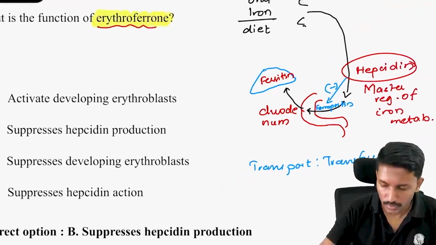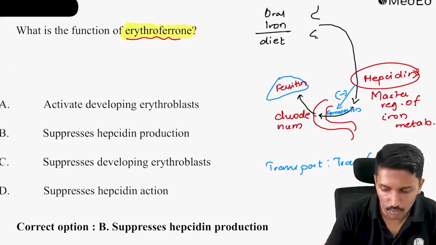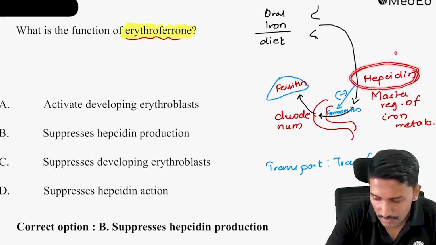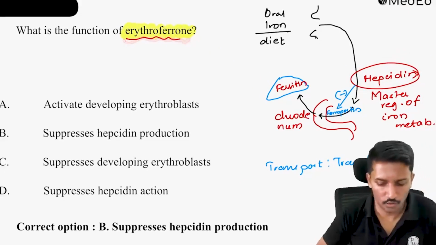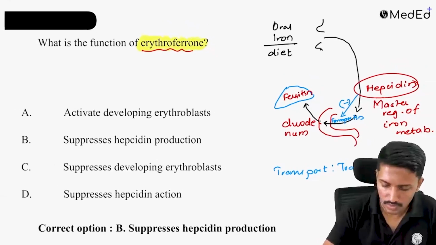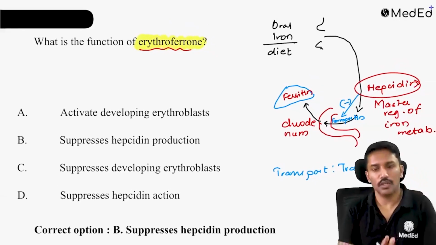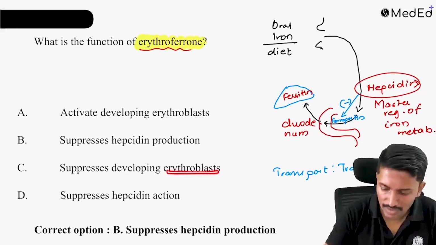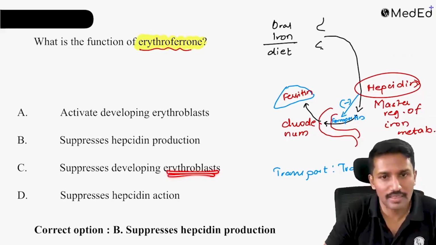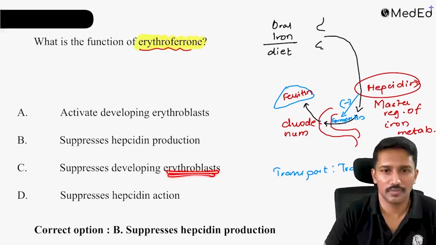Okay. But we might need some regulation even above the hepcidin, and that regulation comes from erythroferrone. So what erythroferrone does is, erythroferrone is produced by your erythroblasts, and it suppresses hepcidin.